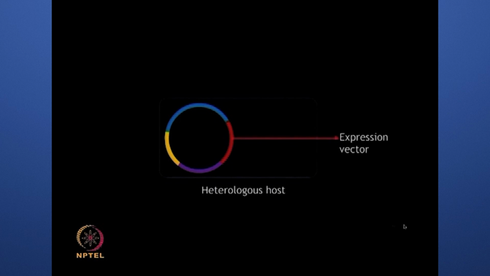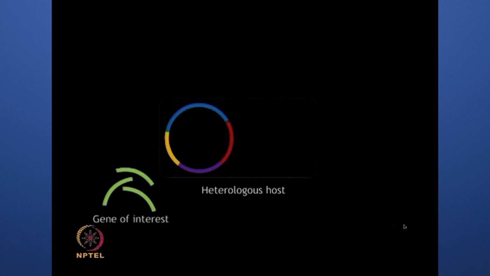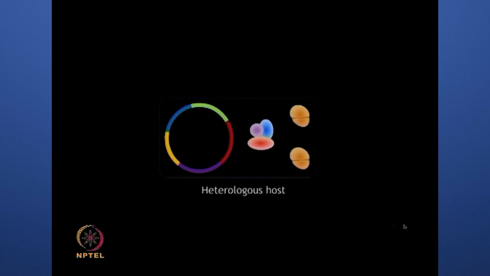How to express the proteins and purify them? The gene coding for the protein of interest is expressed in a suitable heterologous host system such as E. coli by using expression vectors like plasmids.